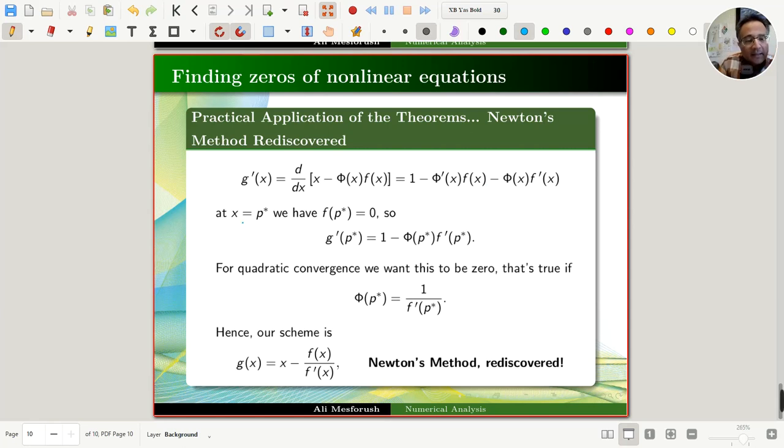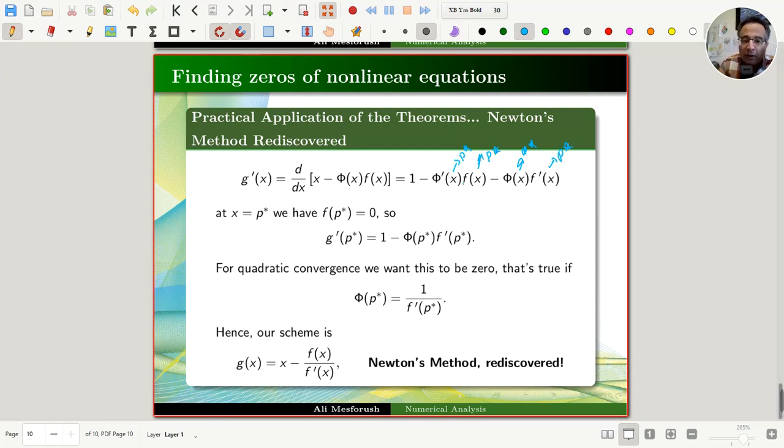Now, at x equal to p star, we know that f of p star is equal to 0. So we compute g prime of p star here. It will be 1 minus phi prime of p star times f of p star, minus phi of p star times f prime of p star.